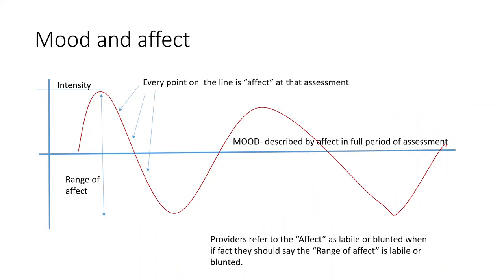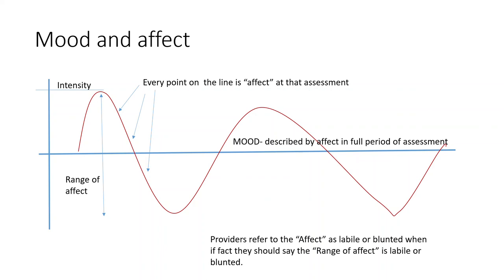Now, in your mental status examination, you use the terms mood and affect. There may be some debate here on how we define these things, but for the purposes of this lecture, this is how we're going to define it, and actually is the scientific definition as well. So an affect is any given point on that line at the second, literally the second of assessment.